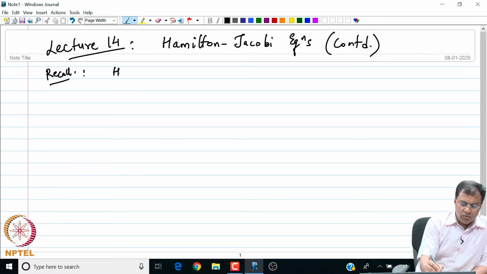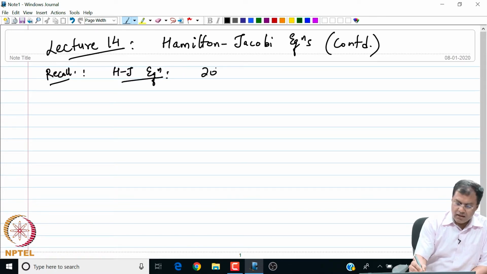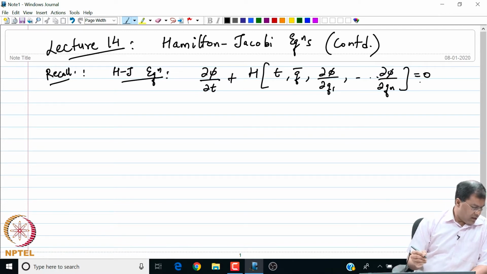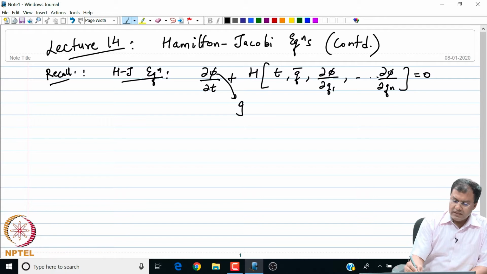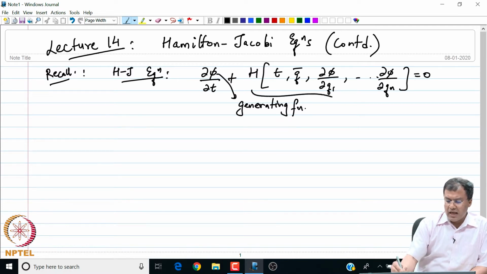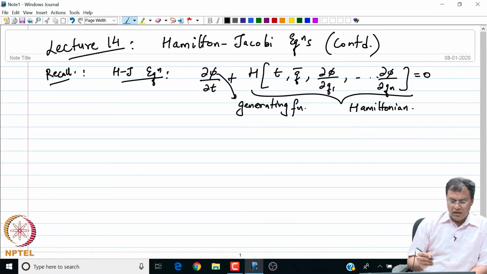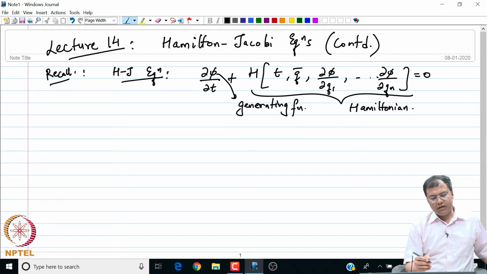So, recall the Hamilton-Jacobi equation was of the form del phi del t plus H of t comma q bar comma del phi del q1 to del phi del q n, set equal to 0, where phi is my generating function, which gives us the symplectic map we are after, and H is our Hamiltonian in the original frame of reference, that is t comma q bar. Okay. So, let us continue this discussion on the solution to this equation.